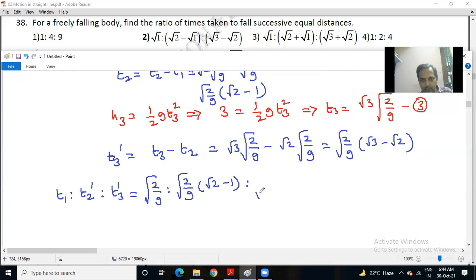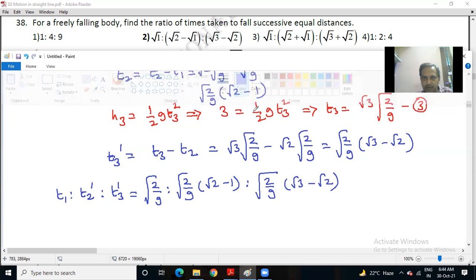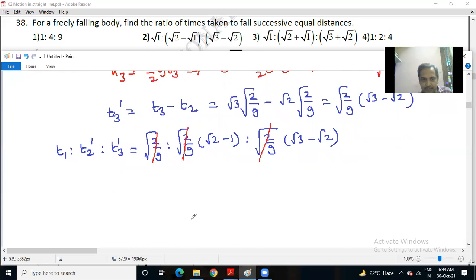What did you get for T3 dash? It is under root 2 by G with the root 3 minus root 2. So on cancellation of under root 2 by G, you'll get the final answer as 1 is to root 2 minus 1 is to root 3 minus root 2. So second option is correct.